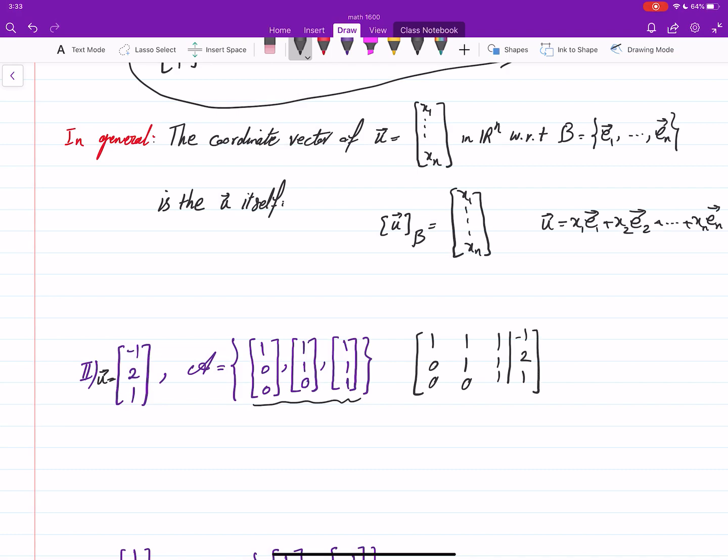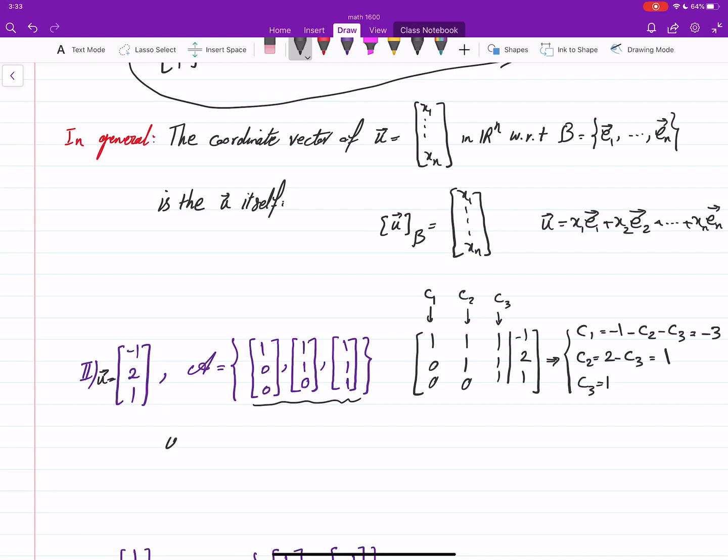This is a row echelon form and you can solve it right away. Let's say this is C3, this is C2, this is C1. C3 is equal to 1, C2 is equal to 2 minus C3, which is 2 minus 1 is 1. C1 is negative 1 minus C2 minus C3, which is negative 3.